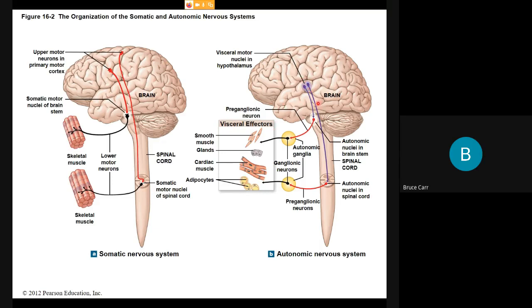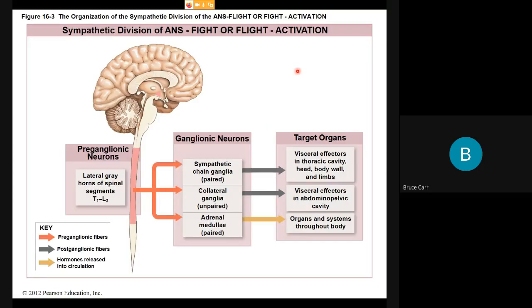If we take that message further down, we would be entering an intervertebral junction somewhere down in the vertebral column, and a preganglionic neuron attached to a ganglion where gray matter synapses will divert the signal to an effector in the periphery. So it's the presence of these ganglia and the hard-wiring difference that we use to recognize the somatic on the left, the autonomic system on the right.